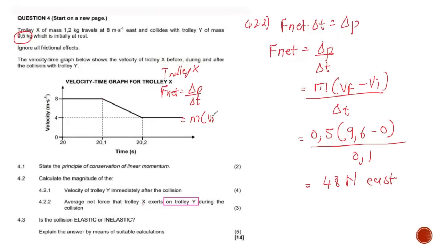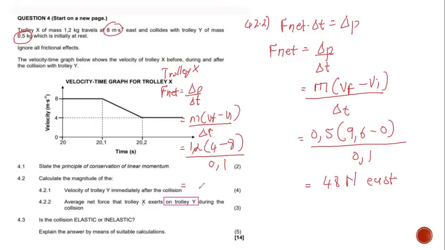So still the same, okay? You'd say the mass is obviously your 1.2, and then your VF is your 9.6, your VI, we are given... no, using the wrong one. So the final velocity is 4. For Trolley X, the initial is 8, and then over 0.1, since obviously they will have the same collision time.